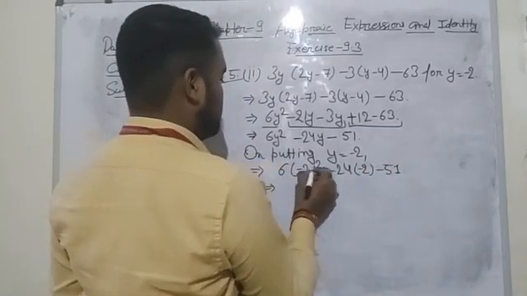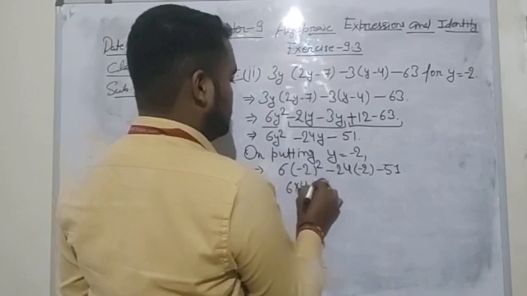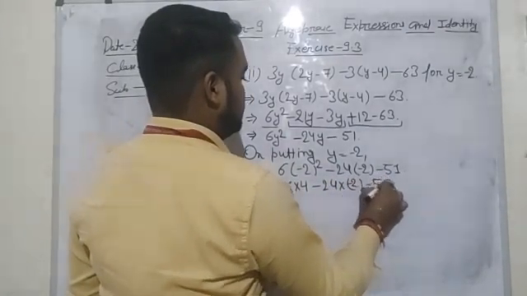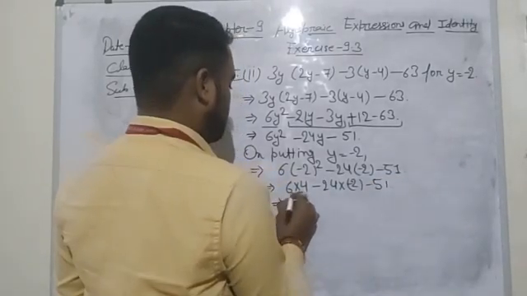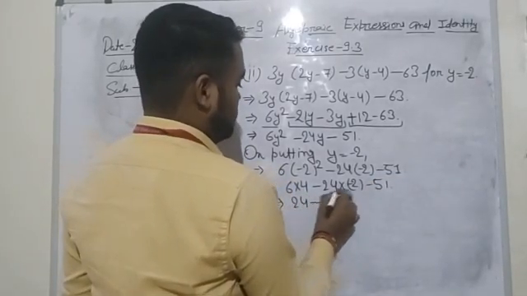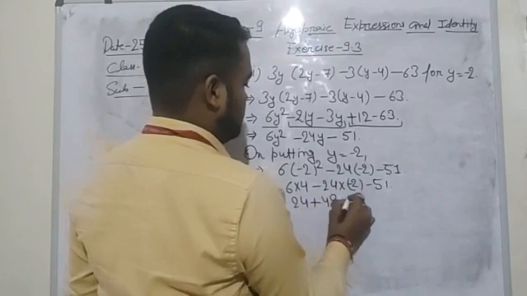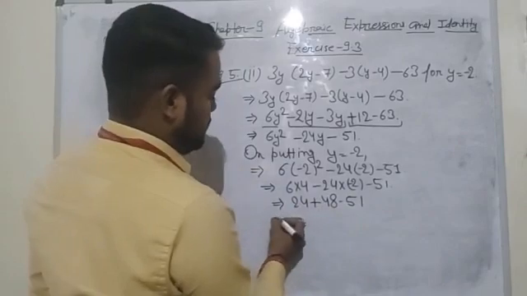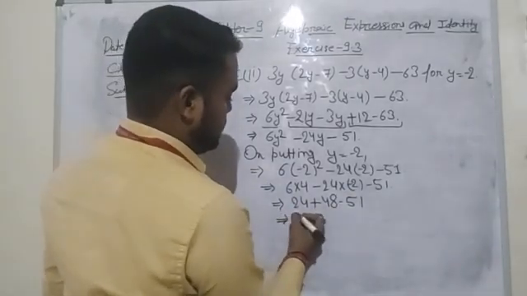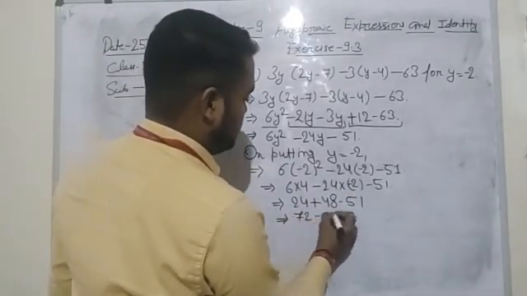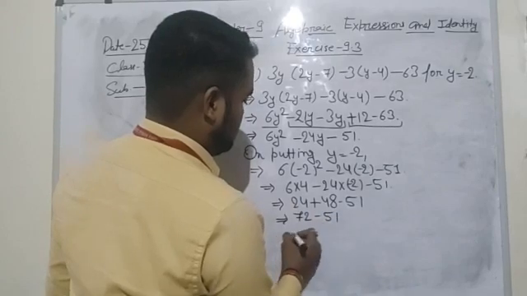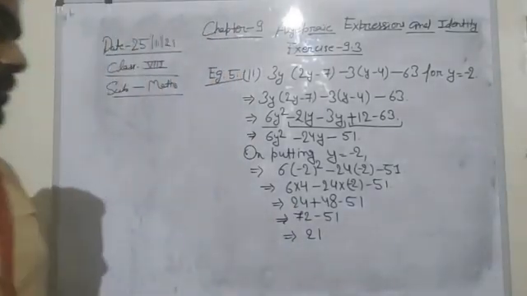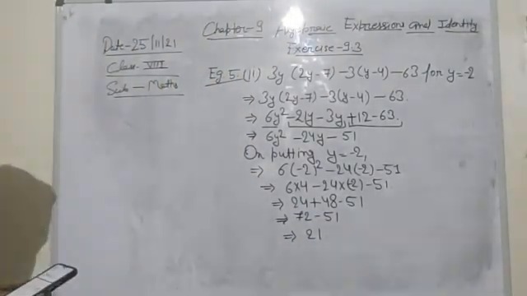So 6 into (−2) whole square, that is 4, so 6 4s are 24, 24 plus 48 minus 51. So 24 plus 48, that is 72 minus 51, that is 21. So 21 is the final answer. Note it down.